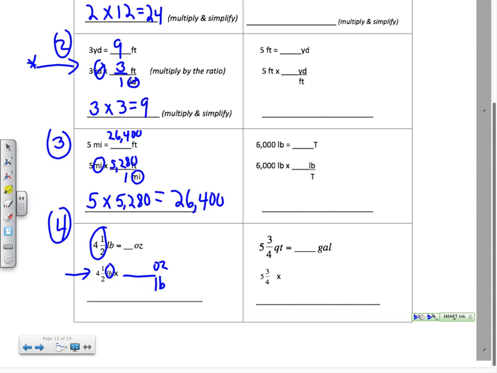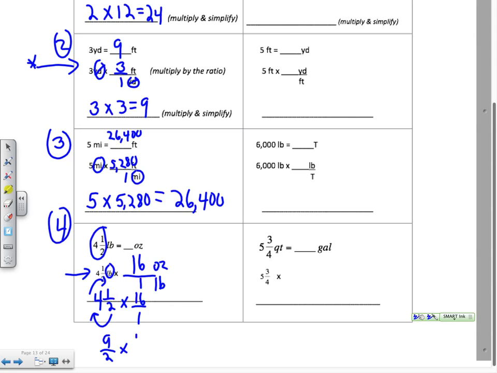So I know there are 16 ounces in 1 pound. So now my problem is 4.5 times 16 over 1. This time I'm leaving the 1 on there because it's going to be a fraction problem. So 4.5 we change to an improper fraction, which is 9 halves, because 2 times 4 is 8, plus 1 is 9.